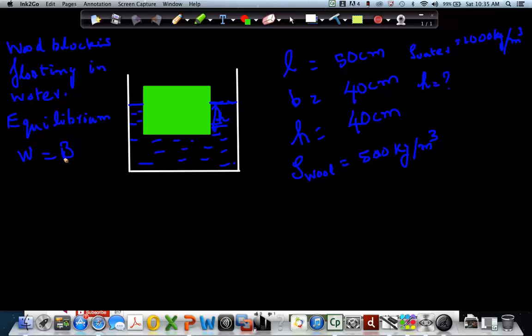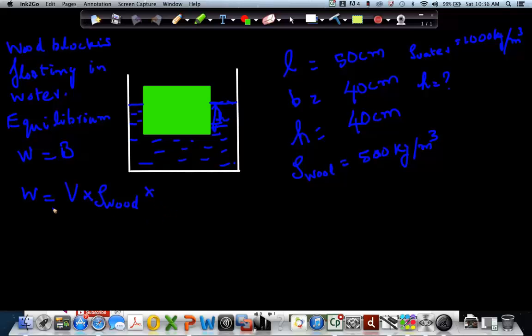Now, what is the weight of the wooden block? Weight is equal to volume into density of wood. Volume into density gives mass.